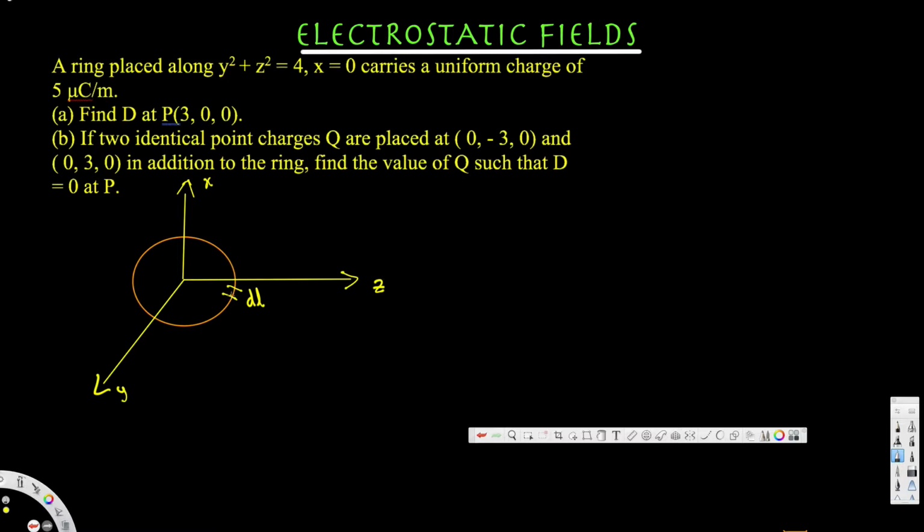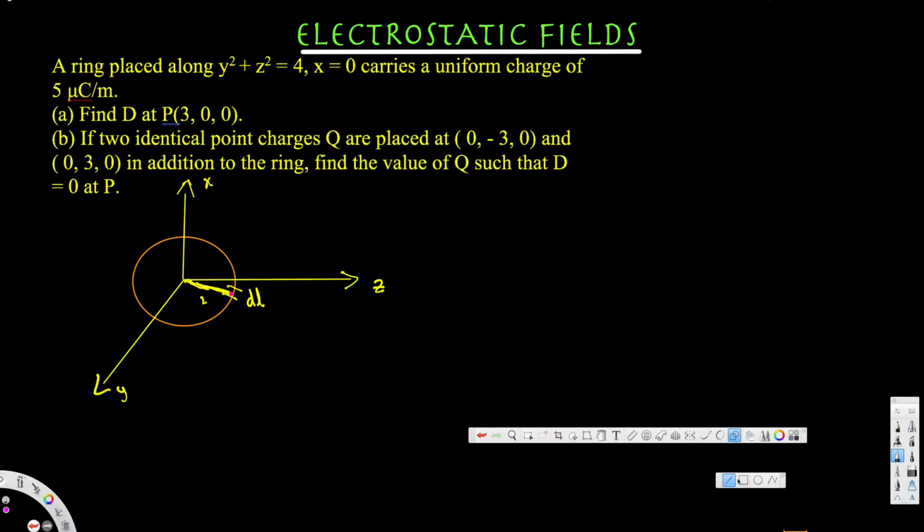So if I pick up a point right here and the radius is going to be 2, since the equation of the circle is y square plus z square is equal to 4, the radius is going to be 2, and there's going to be an electric field due to this point right here.